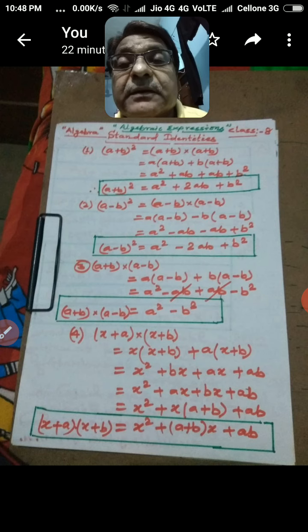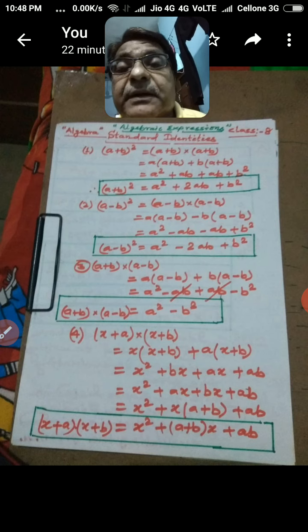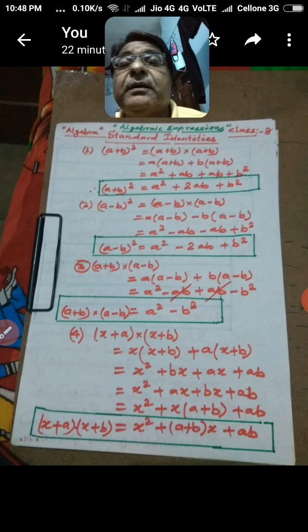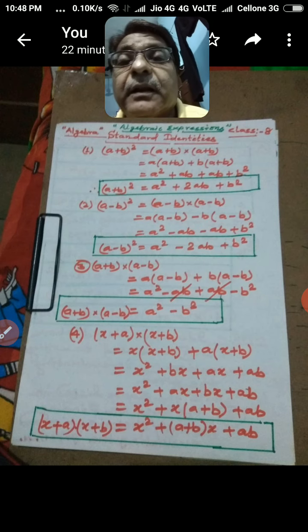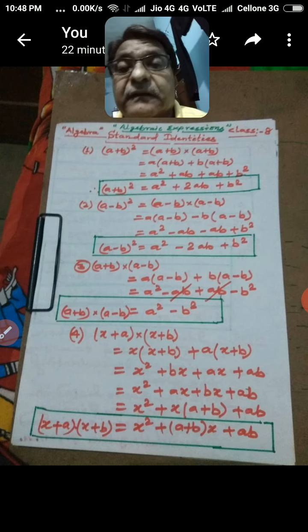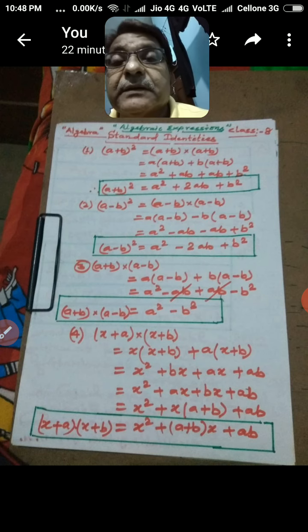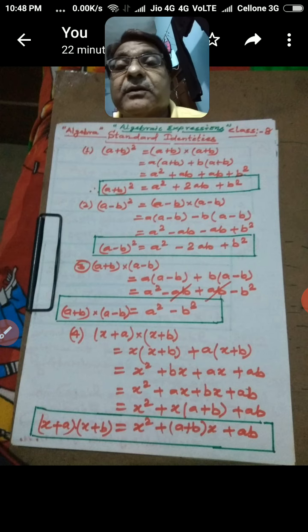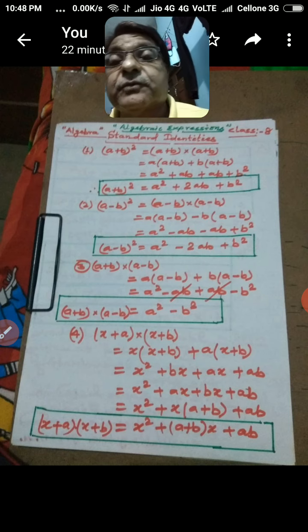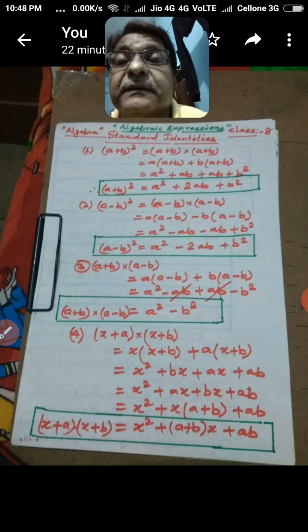When we say algebraic expression, algebraic terms automatically come under this. No need to repeatedly say algebraic terms and algebraic expression, because algebraic expression is the bigger sense, which includes algebraic terms, which include variable, constant, coefficient, mathematical sign, everything. Okay, students, come to algebraic expression.